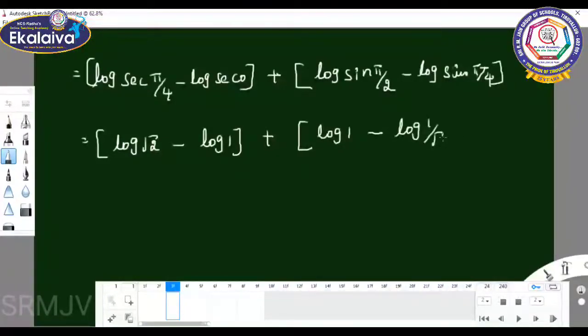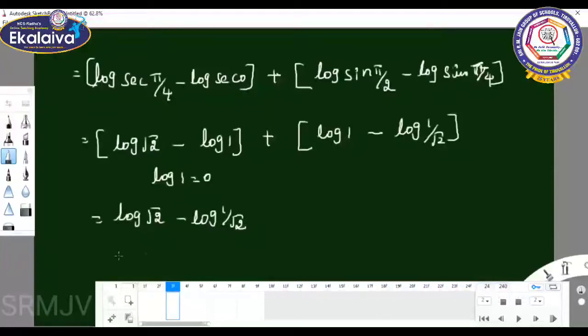Log 1 value equals 0. So it gives log of root 2 minus log of 1 by root 2.